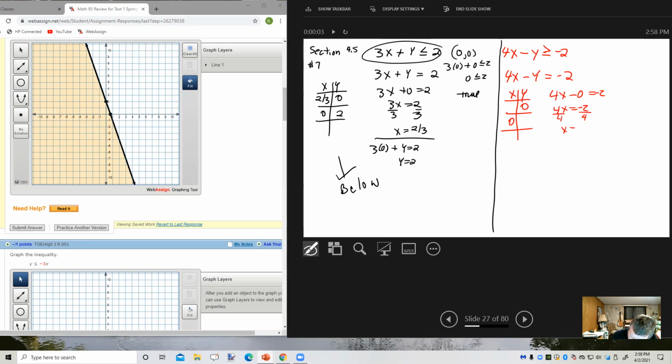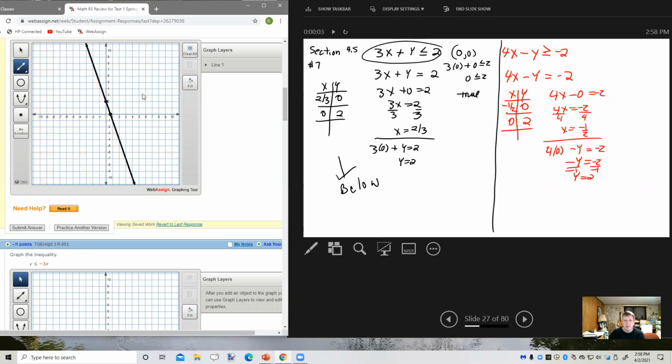Divide both sides by 4. Reduce. x equals -1/2. Then if x equals 0, 4 times 0 minus y equals -2. Negative y equals -2. Divide both sides by -1. y equals 2. So now I've got two ordered pairs: -1/2, 0, and 0, 2.